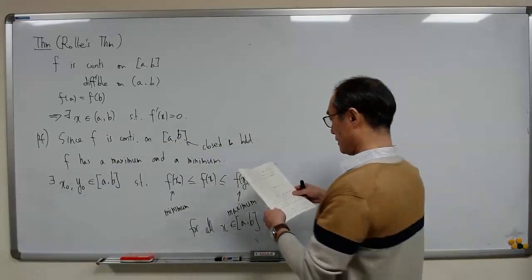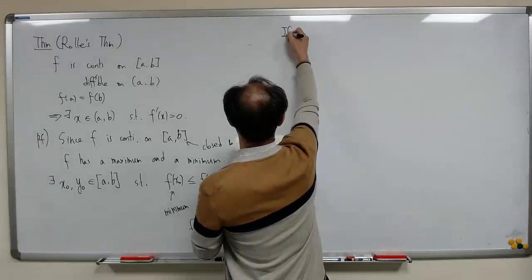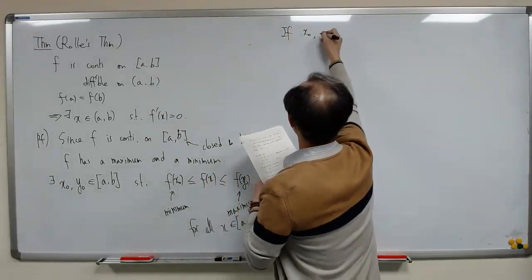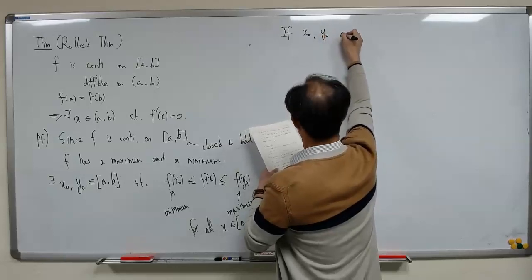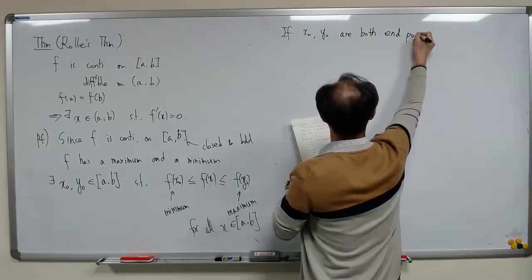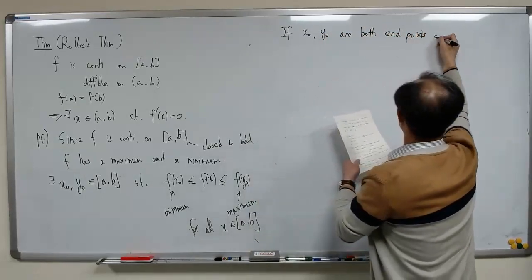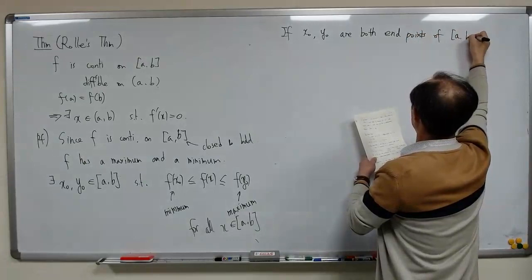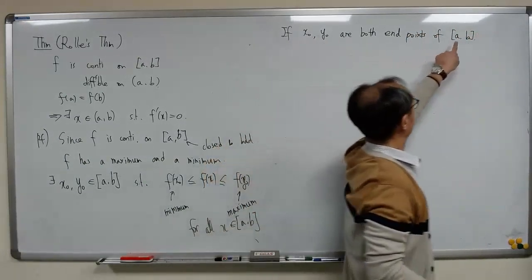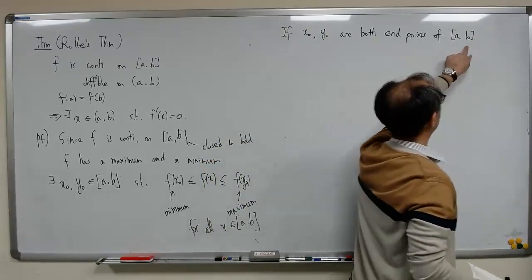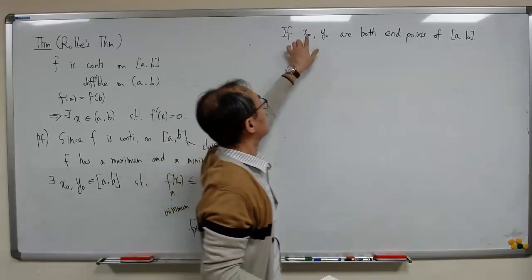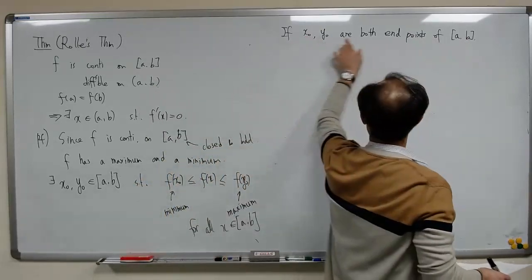That means if both x naught and y naught are endpoints of the interval from A to B, then x naught is A and y naught is B, or the other way around, x naught is B and y naught is A.